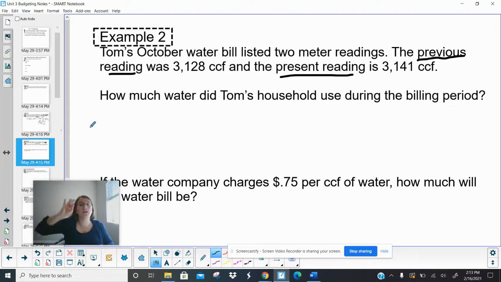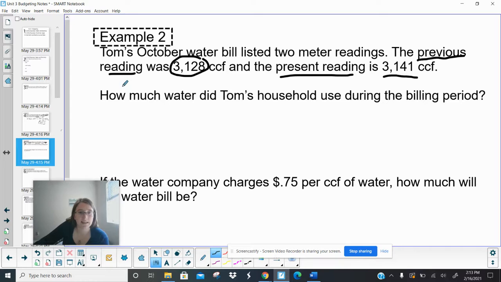Now it does not reset, right? It reads how much water goes into your house, but it doesn't reset every month, even though you pay your bill every month. So we see what the previous reading was. That's what it showed at the end of last month. And then it kept reading as water kept going into the house. And now it's showing this much.